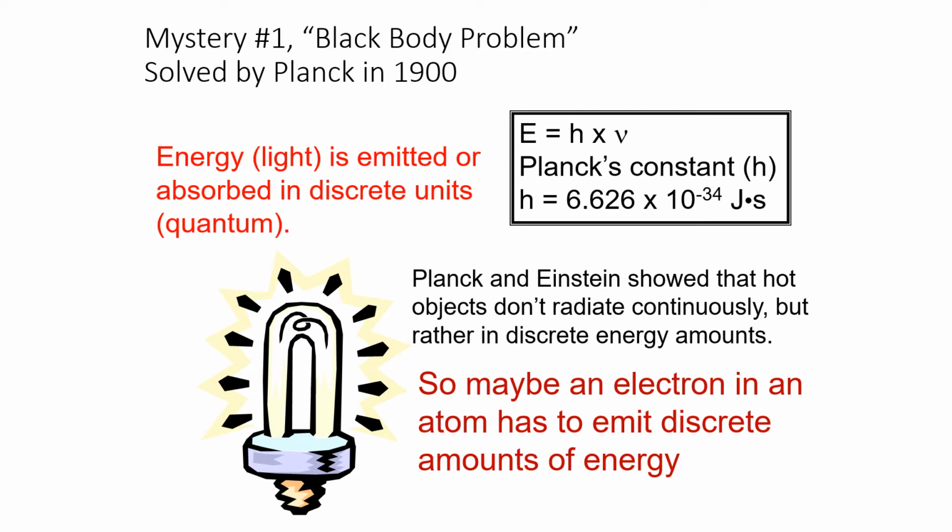A black body is a theoretical object that absorbs all light that falls on it. No electromagnetic radiation passes through it and none is reflected. Because no light is reflected or transmitted, the object appears black when it's cold.